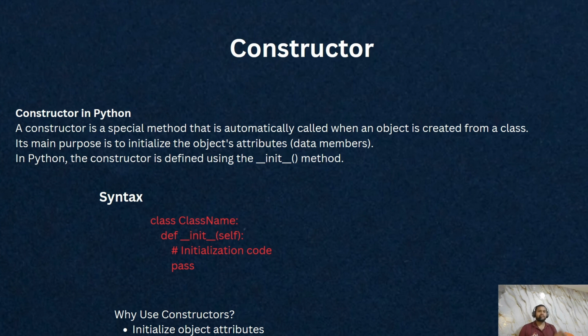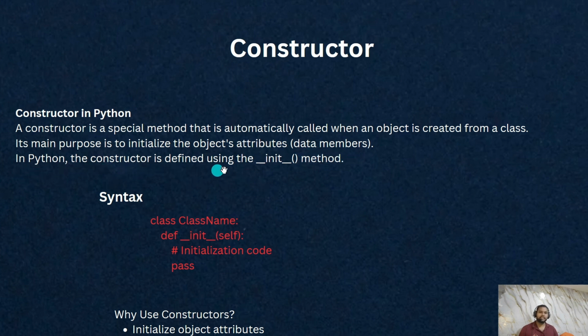You just create an object of that class and you find those attributes right there. So its main purpose is to initialize the object's attributes, the data members.